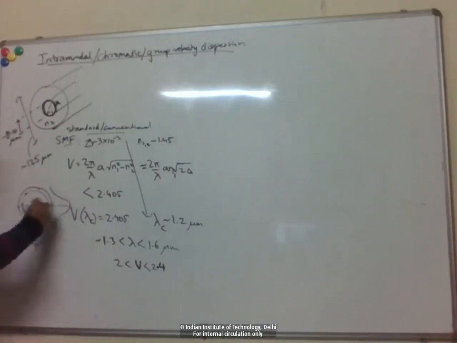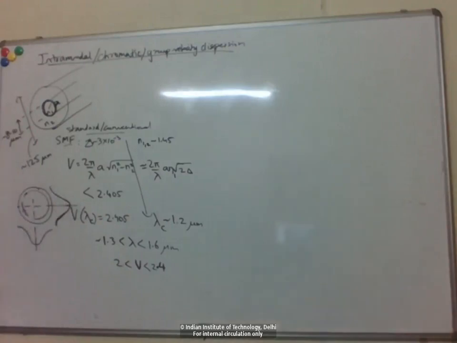So it's a Gaussian field profile or intensity profile, and this is the core radius A, and there is a mode field spot size W. And this W over A, in other words, how much the field is confined in the core, is a function of this V number.